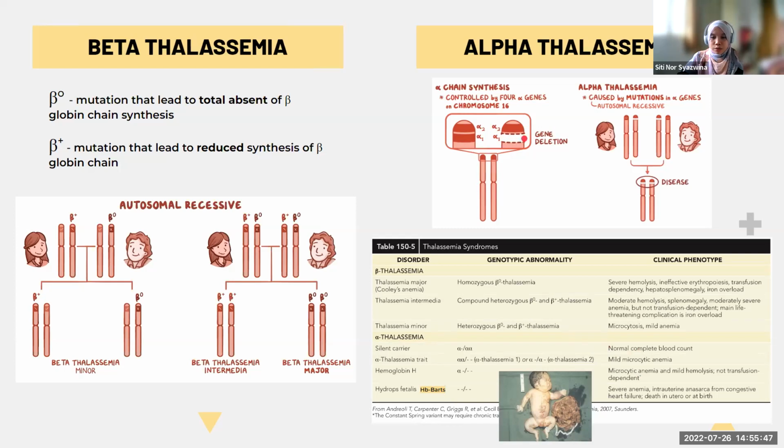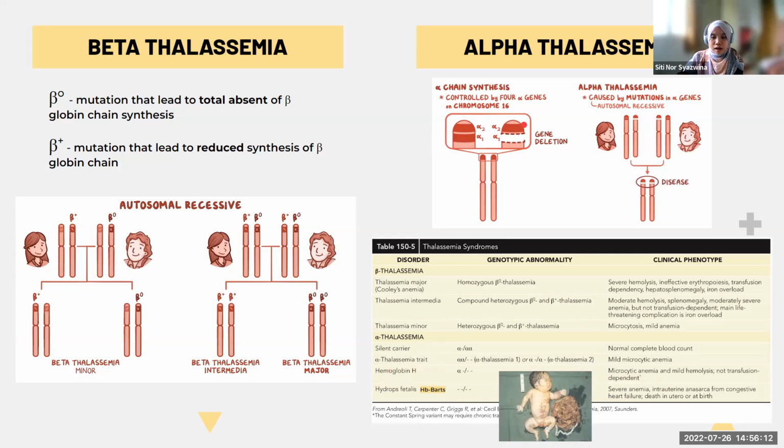If patients have 2 alpha gene deletions, they may have microcytic anemia and are known as alpha thalassemia trait. If there are 3 gene deletions, patients will have microcytic anemia and hemolysis, but are not transfusion dependent, and are known as hemoglobin H disease.